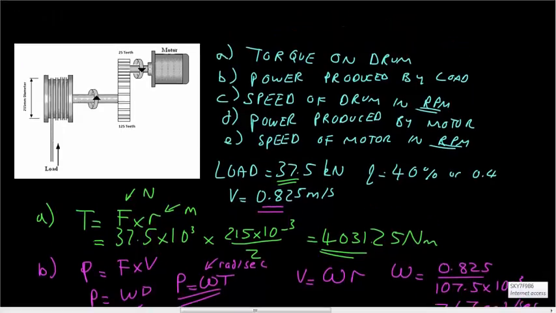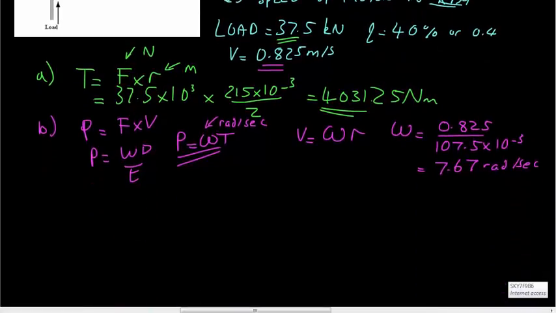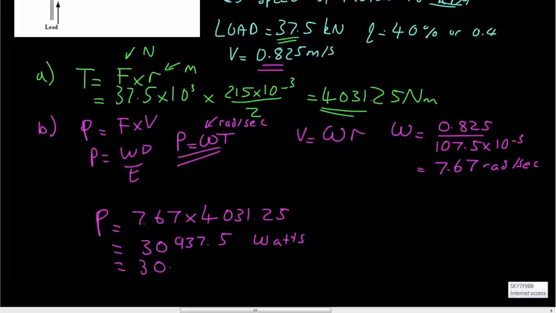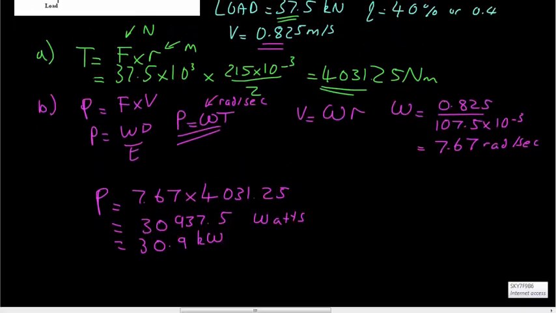Okay, so we've already found T. So it's literally a case now, P is equal to omega, 7.67, times by 4031.25 Newton meters. And that is equal to 30.9 kilowatts. That's the power produced by the load, not the motor. Remember, the system's not 100% efficient, so the motor needs to be bigger than that. But we come to that in part 5 of the question.